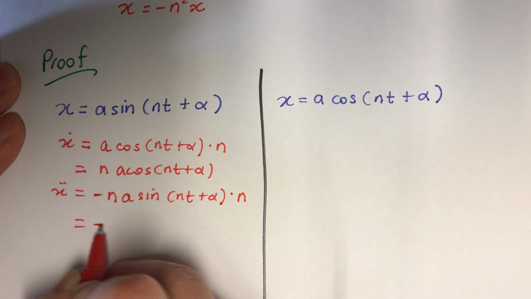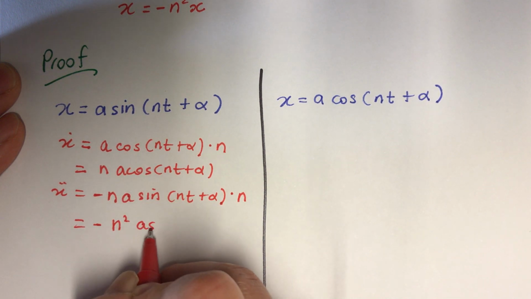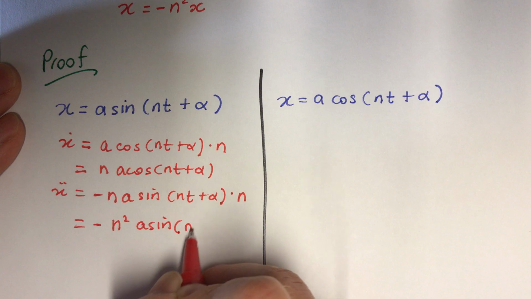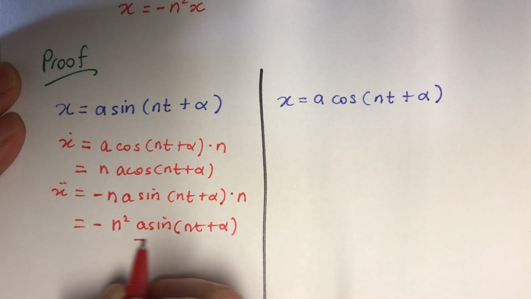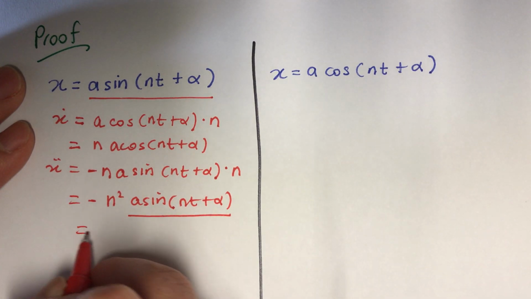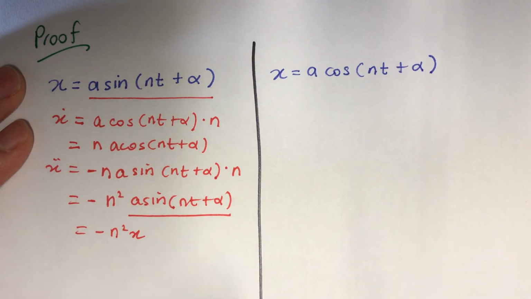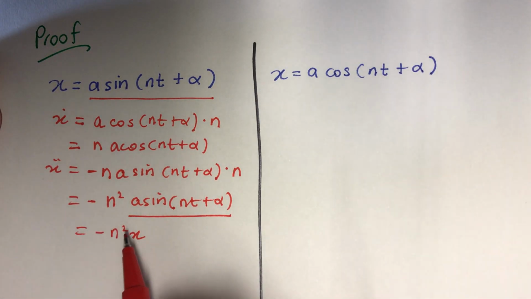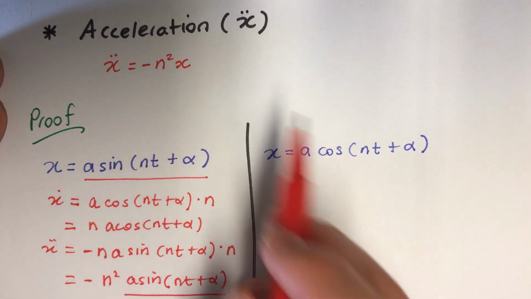So what's happening here? I'm going to put minus n squared a sin(nt plus alpha). Now you can see that's the same as this, right? So I can write minus n squared x, that's what it is.